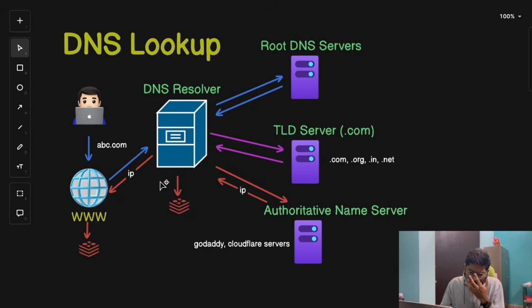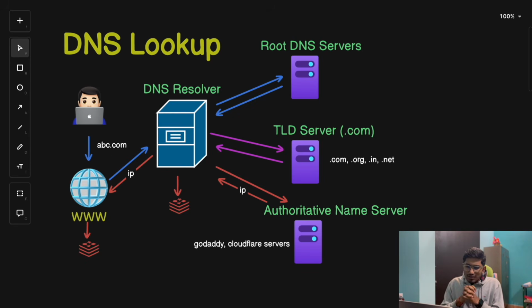On a broader sense, in the DNS architecture, you have two kinds of cache used. One is the browser cache, which is nothing but your browser remembering your recently visited sites' data and their IP addresses. And the second one is the DNS resolver cache. This resolver stores the data that it has received from the authoritative name servers, to speed up the query response if someone requests the same website abc.com again.